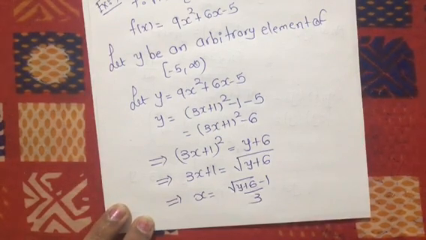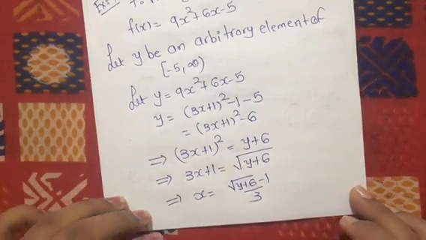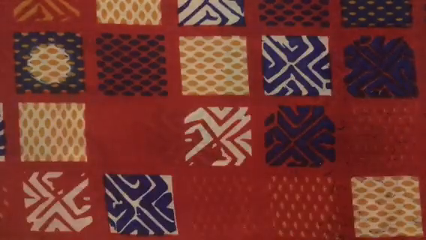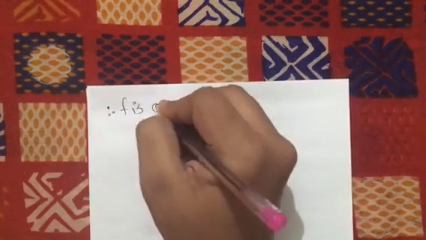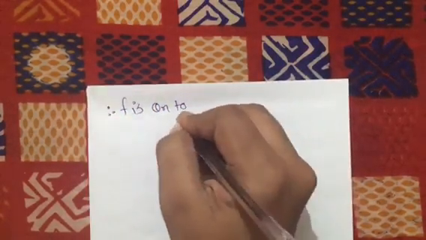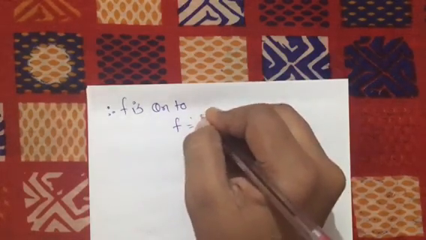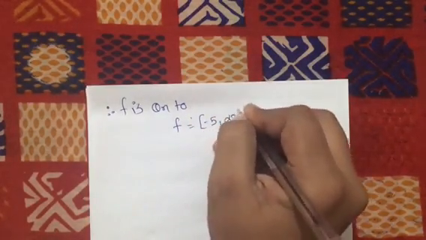Now we have to prove that this is an invertible function. So we need to find g of f and f of g. Let's start to find. Therefore f is one-one, and the range of f is [minus 5, infinity).